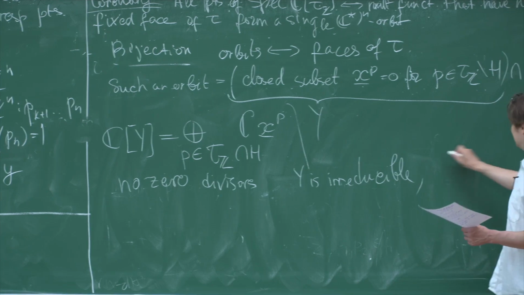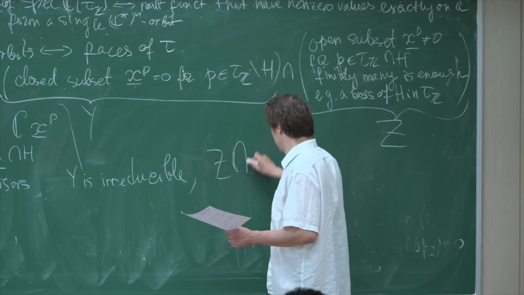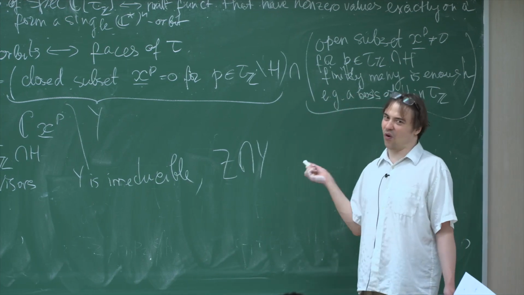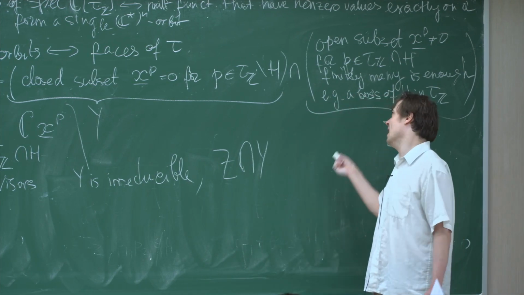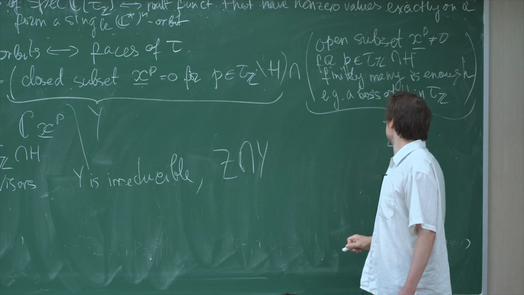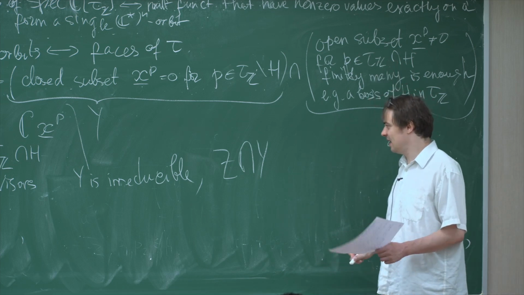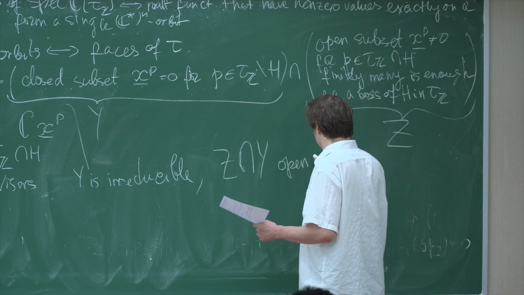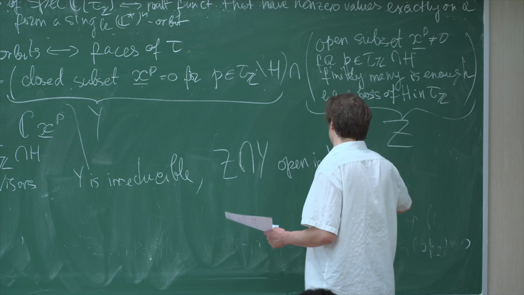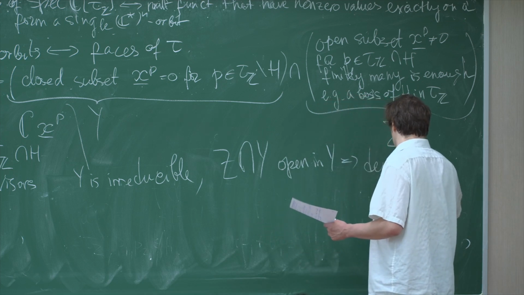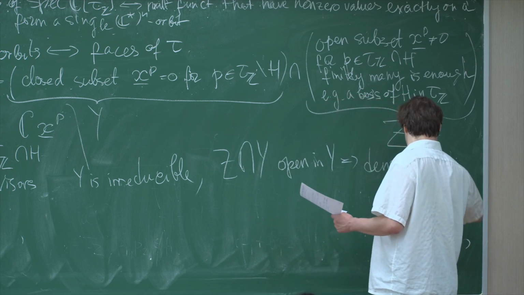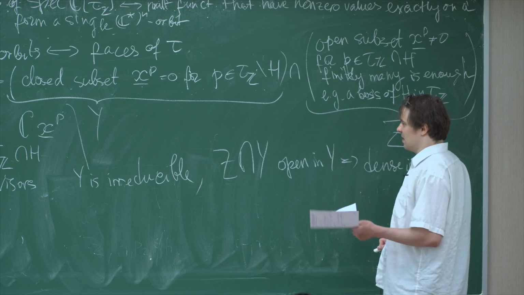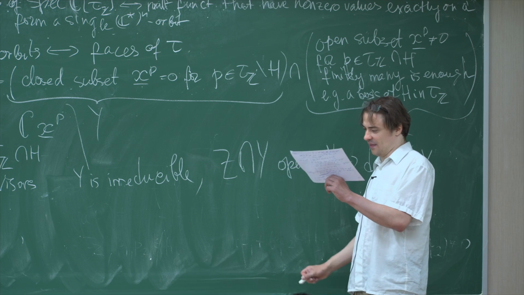And z intersection y is an open subset of y. It's defined by these equations inside y. So it is dense in y. So the closure is exactly y.